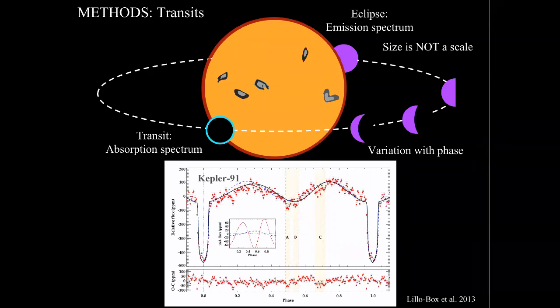We can also do other things. You have an example below. It's Kepler 91, a giant star, and we have these bumps in the light curve, but they are produced by the deformation of the star.